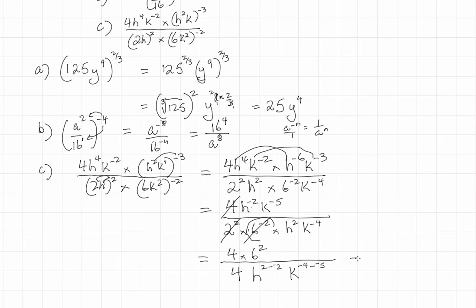Okay, so that was a bit tricky. For the h's, there are positive powers here, negative powers up there, so we're trying to get these powers to be positive in the answer. So we'll get that downstairs. We've got -4, -5 on the number line. -4 is not as far to the left as -5, so -4 is bigger than -5.